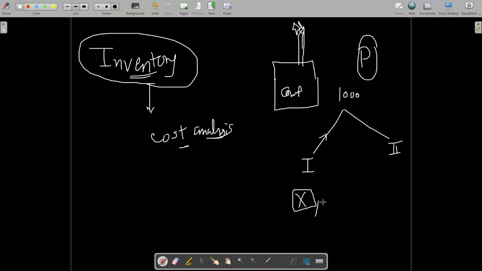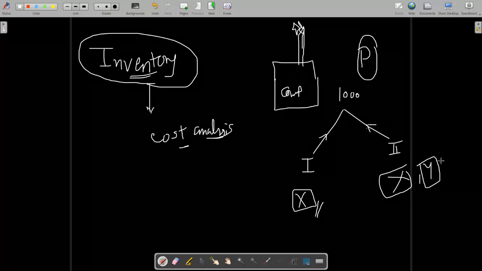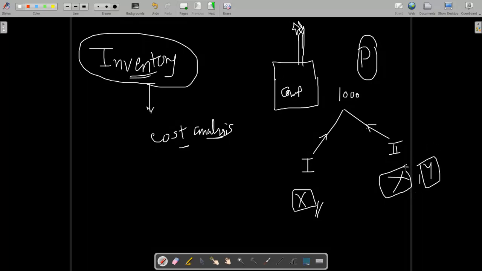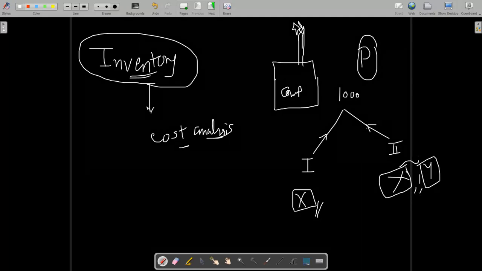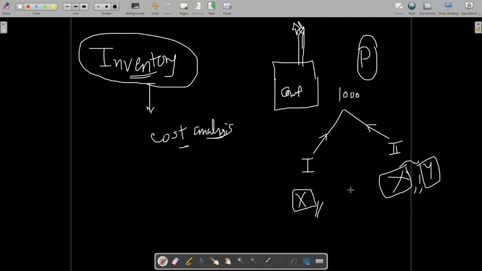It is only single supplier X. In the second case, they give the order to two different vendors having different cost values. By giving the order to these two vendors, we have to compare the analysis of cost. What will be the cost, whether the cost increases or decreases.